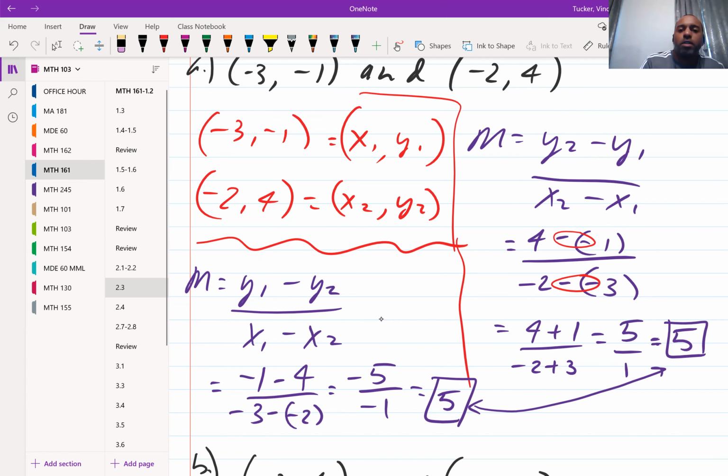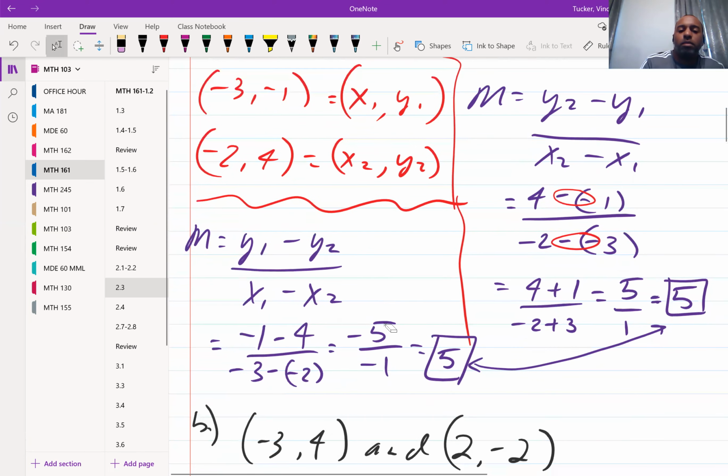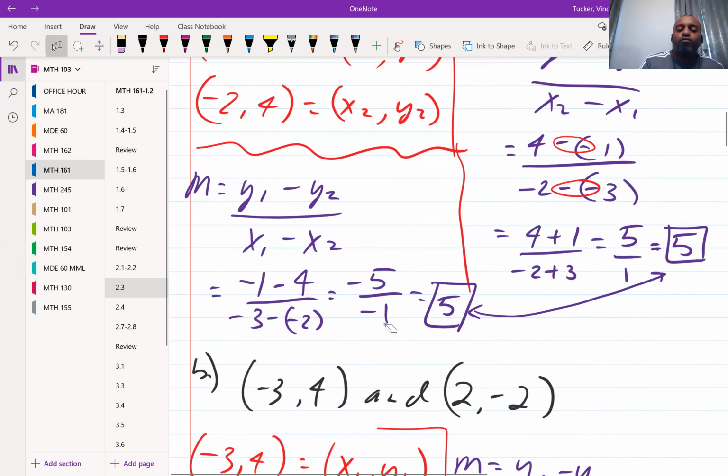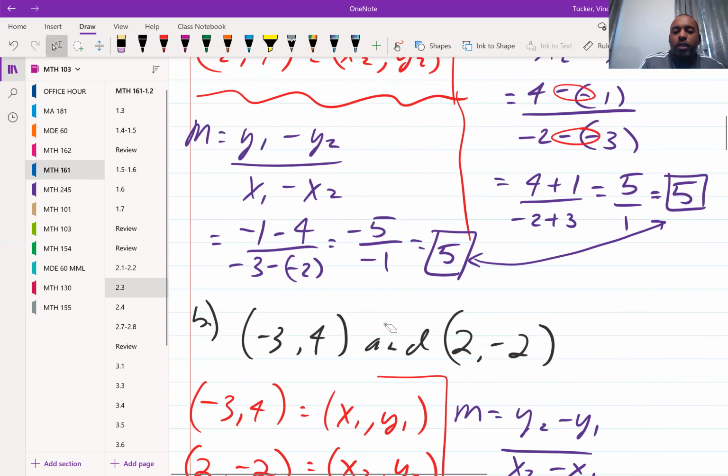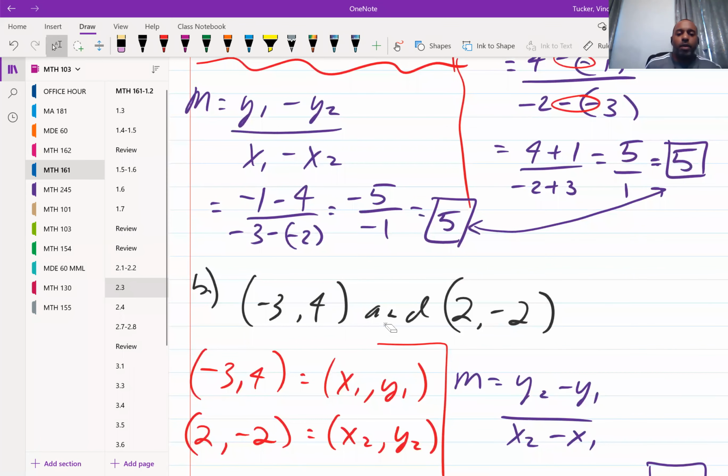All right, can I scroll up? All right, so let's do it again. This time we have -3, 4, and 2, -2. Once again, I label the first point that I see point 1, second one, point 2. X1, Y1, X2, Y2.